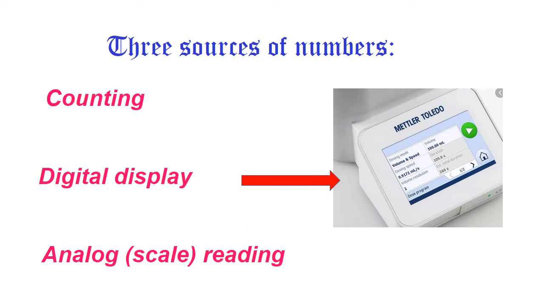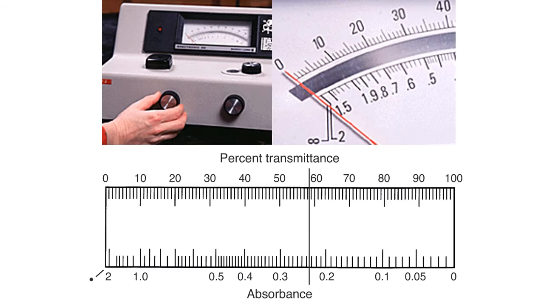Or you can have an analog scale. For example, you are using a simple spectrophotometer and you read the scale. The same you can do with your burette, with your pipette and many other instruments. They are usually inexpensive and fantastically reliable.